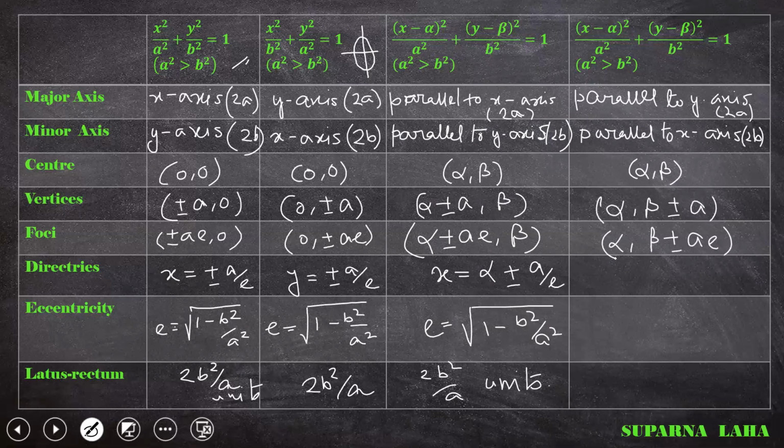Okay, and the equation of the directrices is given by y equals beta plus minus a upon e, and e is the same, root over 1 minus b square by a square, and the latus rectum is 2b square by a units.